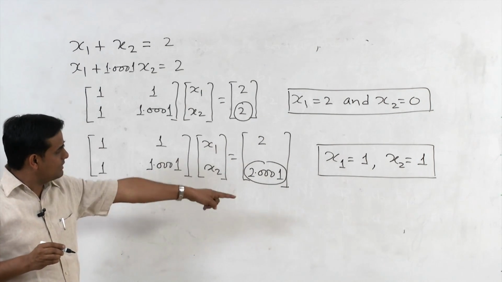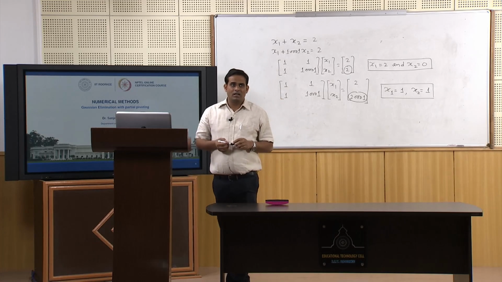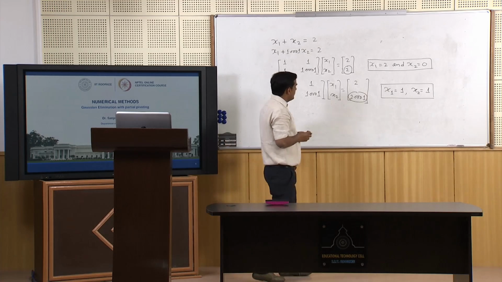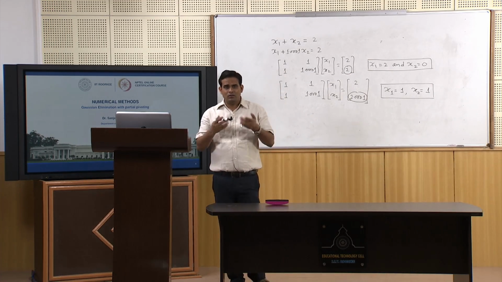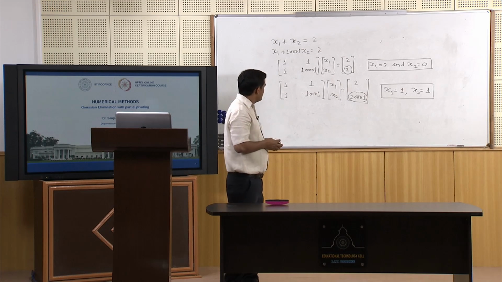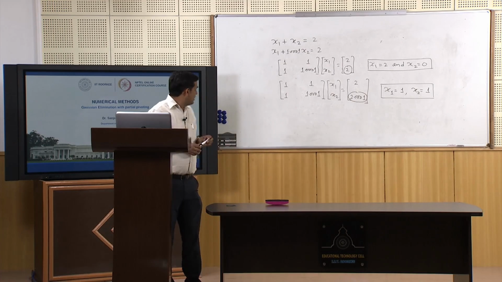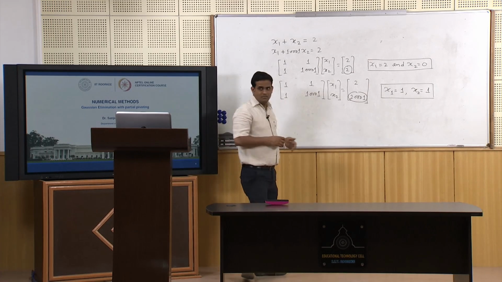However, if you see the change in the solution, we are having a large deviation. If we are having a large deviation in the solution just due to a small change in the input data, such a system is called an ill-conditioned system. So, it is a perfect example of an ill-conditioned system.